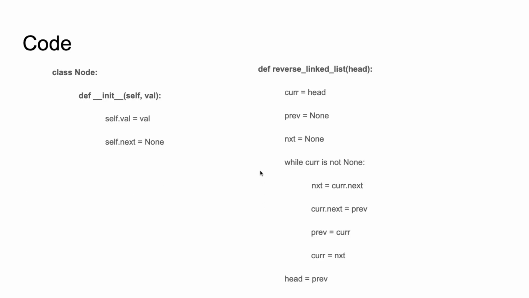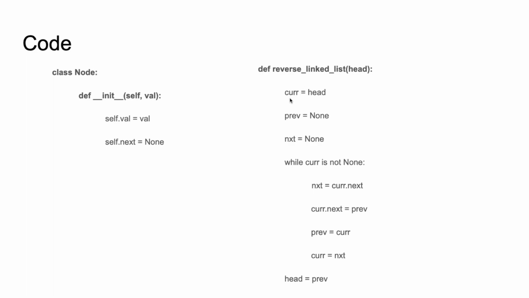Look at the code. So this is the class Node that depicts the linked list node, and we have an init method here that takes in the value of the node, and also sets next to none. Look at the main method reverse linked list that takes in the head of the linked list and performs the reversal.